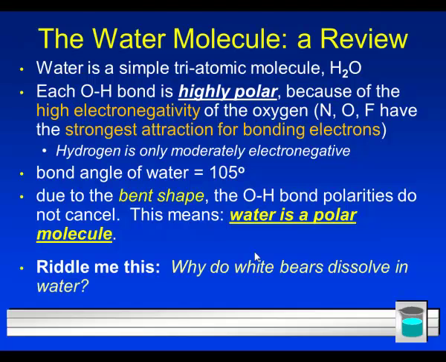So it's very polar, and that gives it this strong attraction, one molecule for another. The negative parts of one water molecule would be attracted to the positive parts of another, and that will explain a lot of water's freaky characteristics.